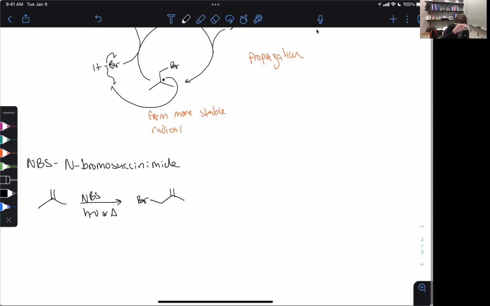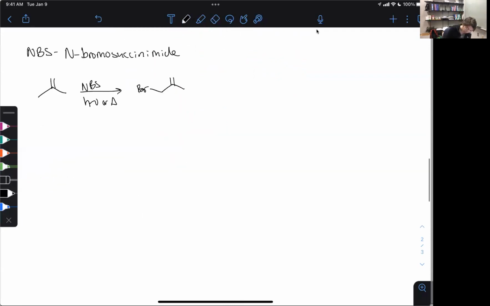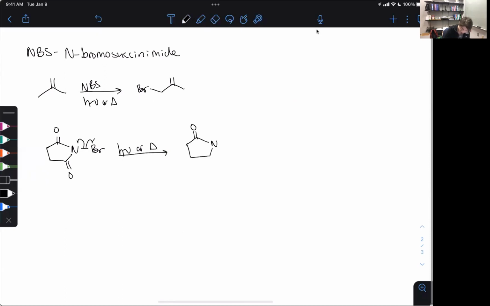So the structure of NBS is this. It does have an N in it, so that's at least something. And it does have a bromine. Okay, so we've got a nitrogen bromine bond. It is not a strong bond. And because it's such a weak bond, we can use light or heat to do a homolytic cleavage on it and create radicals.